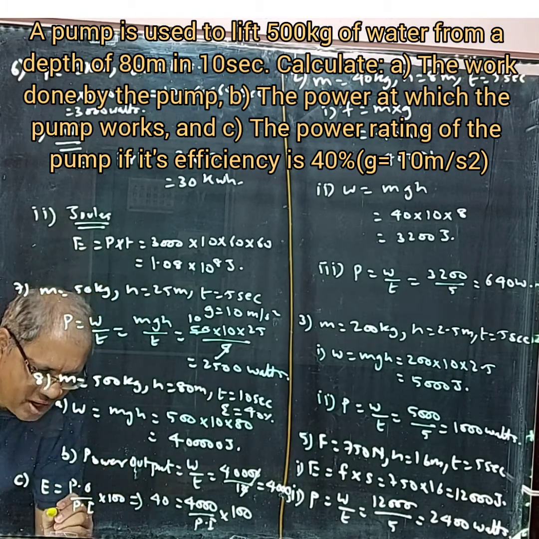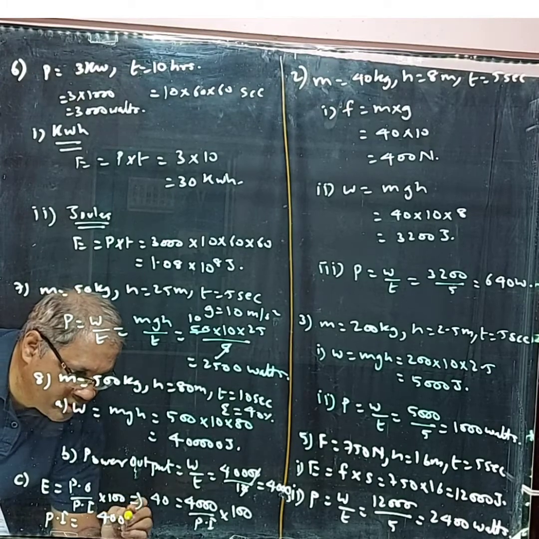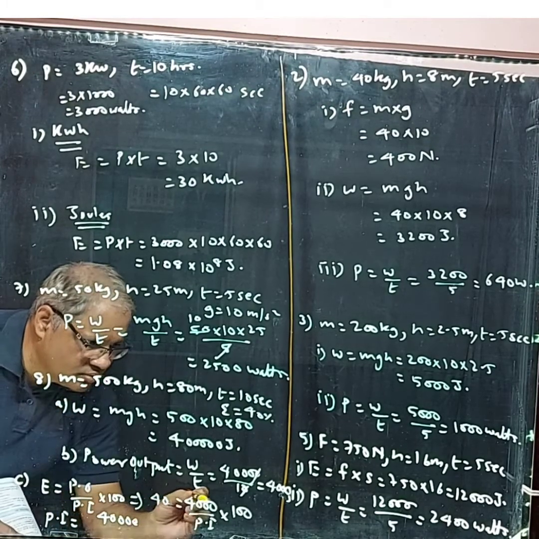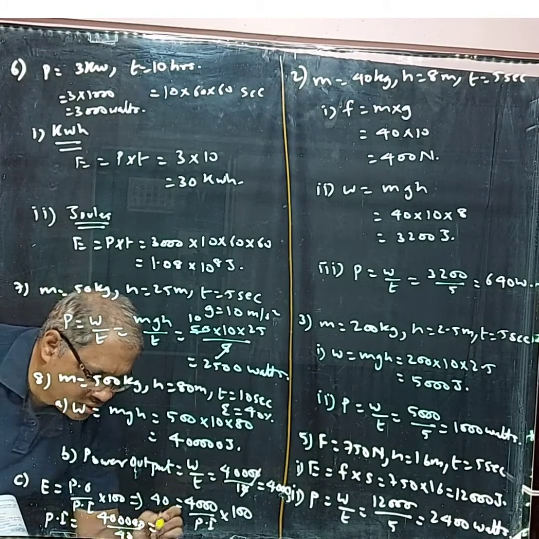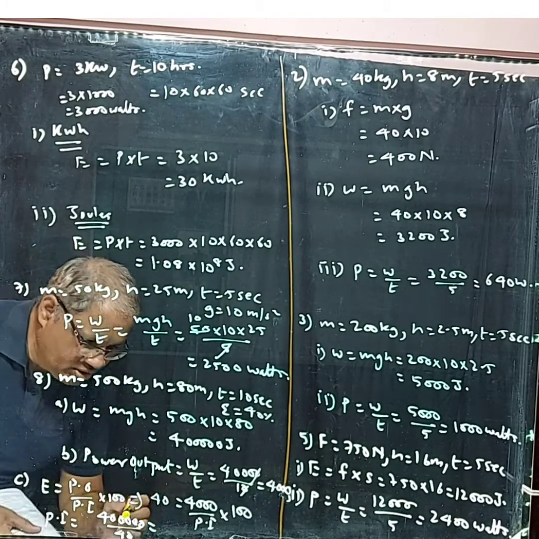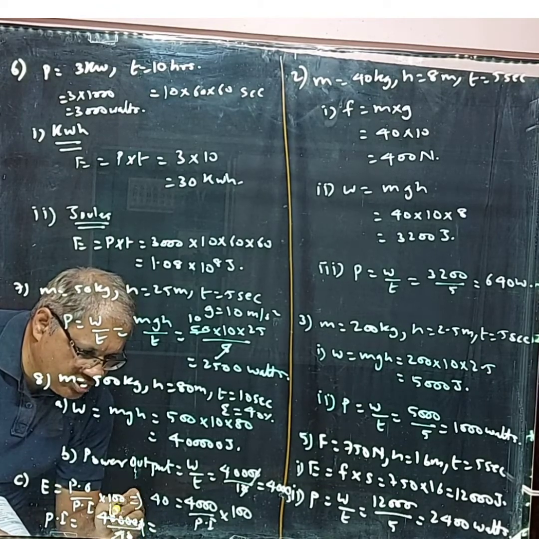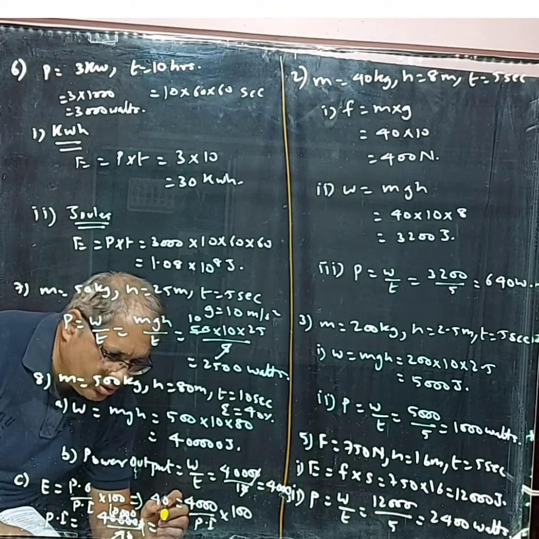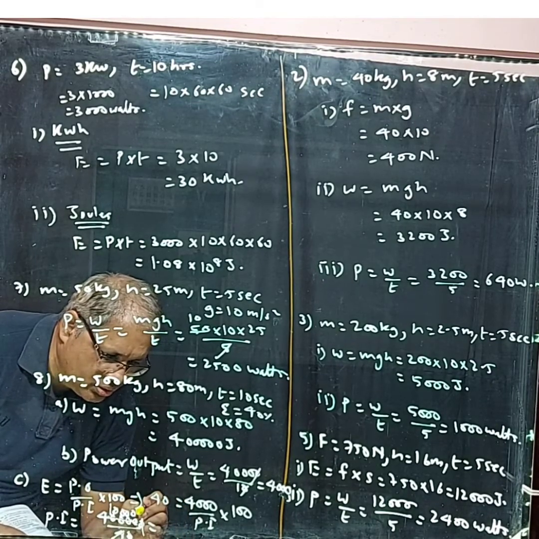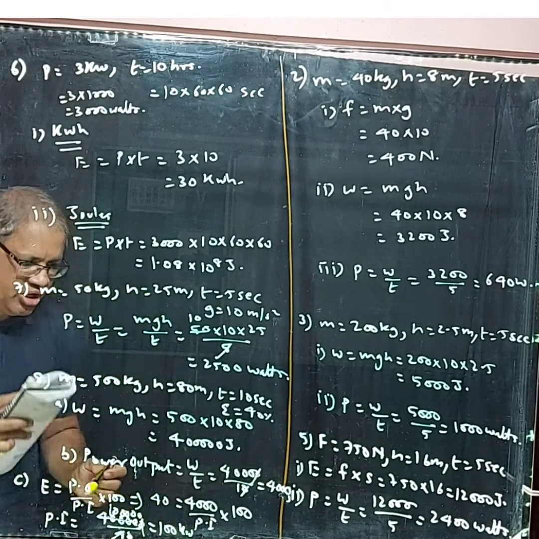So then power input will be 4 followed by 5 zeros upon 40. The 4 and this 0 get cancelled. 4 ones are 4. So it comes to 100 kilowatt. That's your answer.